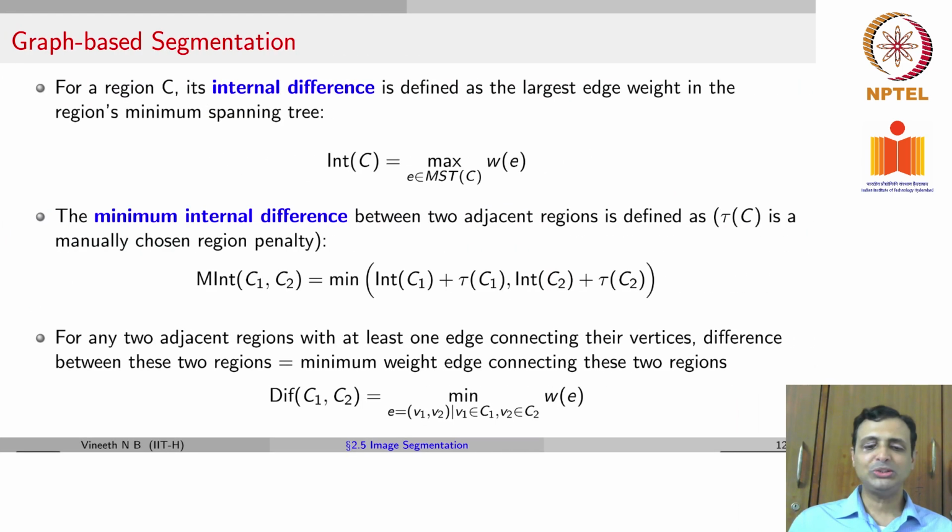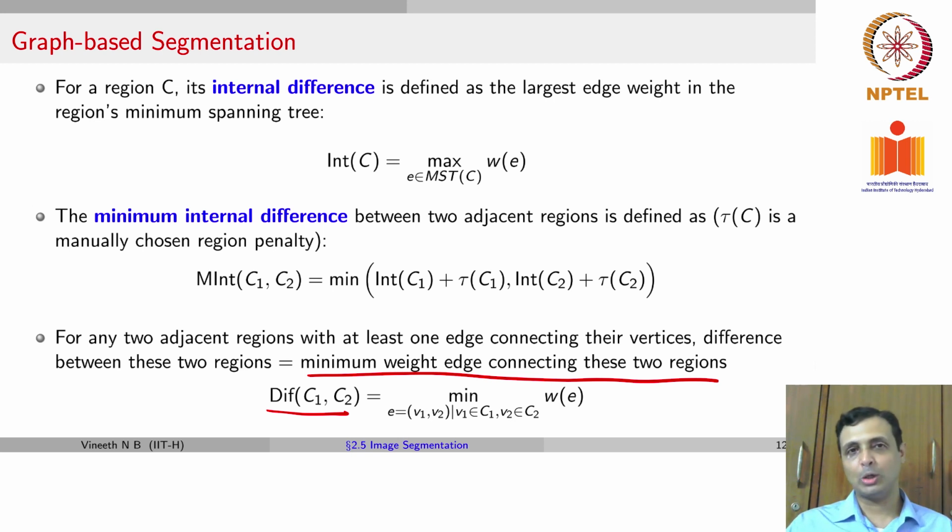Once you have this, for any two adjacent regions, which have at least one edge connecting any of their vertices, we define a quantity called diff of C1, C2, which is given by the minimum weight edge connecting these two regions. So you consider all edges (V1, V2) such that V1 comes from region C1 and V2 comes from region C2, and you take the minimum weight of the edges that connect these two regions.